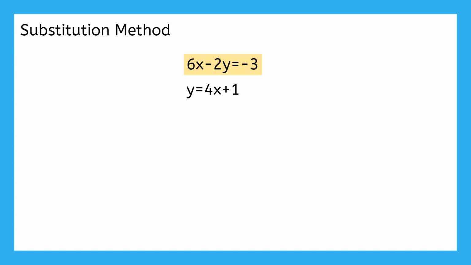How can we use what we know about y to help us rewrite this top equation without y in it? Let's use 4x plus 1 as a replacement for y. In other words, let's substitute 4x plus 1 into the top equation as y.